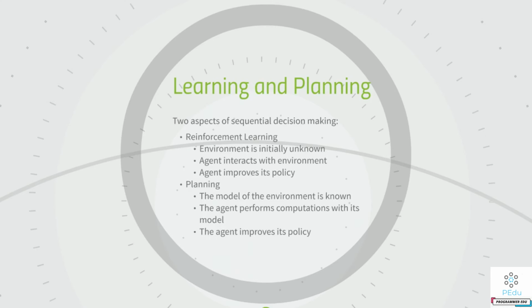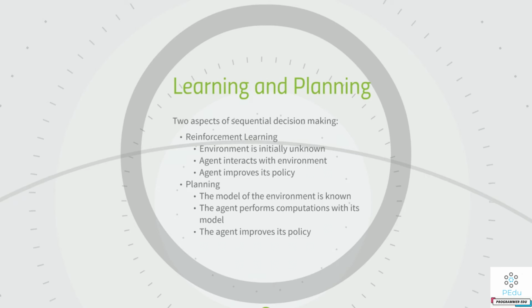In reinforcement learning, the environment is initially unknown. If you don't have a model, you don't know what you're interacting with. Maybe you're playing an Atari game and you don't know the rules. However, the agent is going to interact with the environment, so we start playing the game and we get feedback from that. Maybe we won, maybe we lost, and generally we're going to improve our policy as we continue to learn.